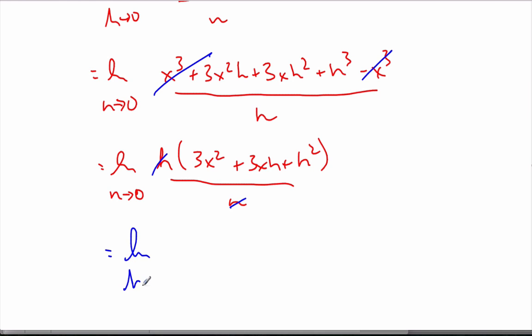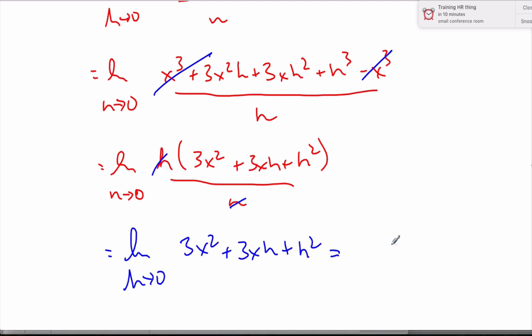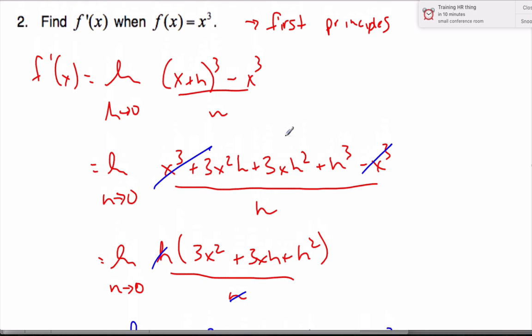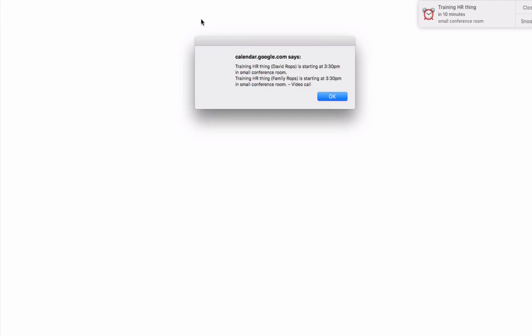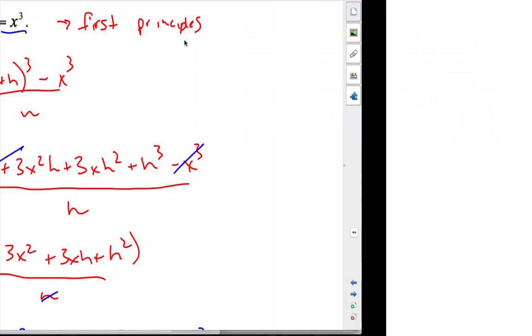So I'm left with the limit as h goes to 0 of 3x squared plus 3xh plus h squared. If I take the limit, which means I plug in 0 here and here, I end up with 3x squared using first principles, which should make sense because the power rule says we pull the 3 down and subtract 1 from the exponent.